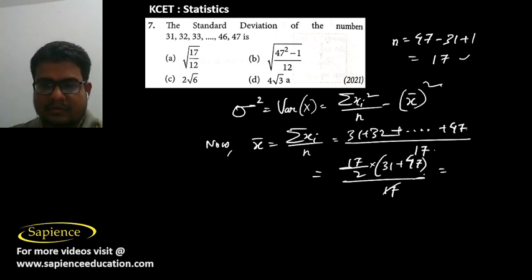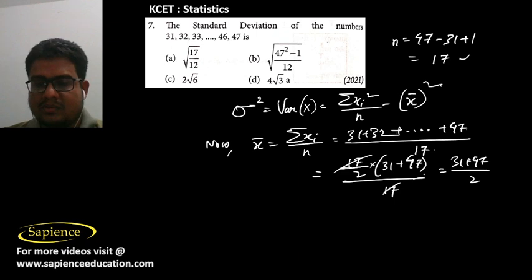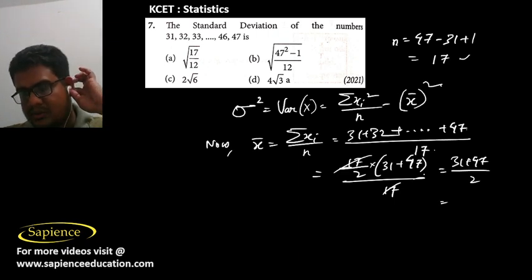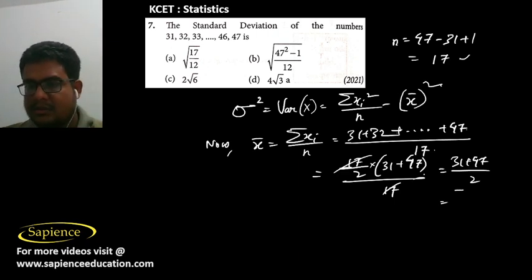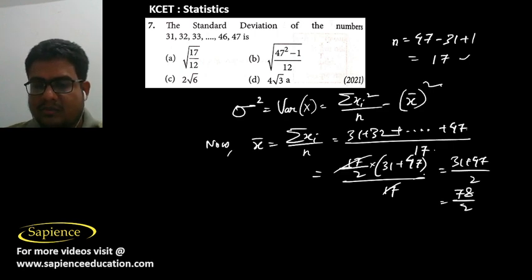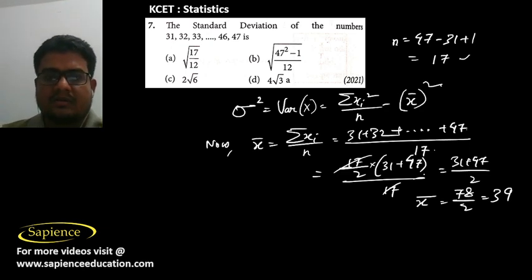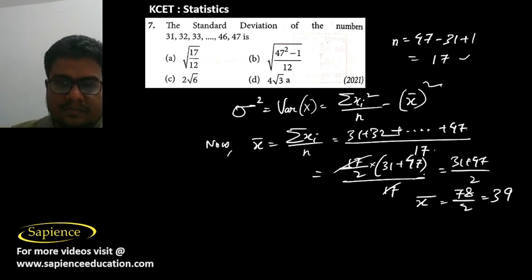So this will become 17 and 17 will cancel out, so this is 31 plus 47 by 2. So that is equal to 78 divided by 2, that is equal to 39. So the mean value is equal to 39.